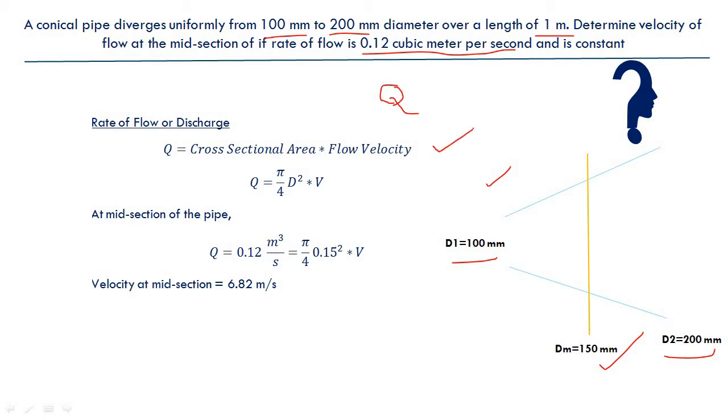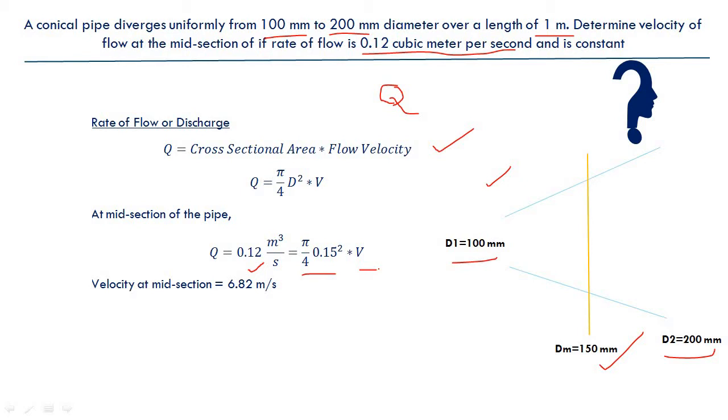Q for a pipe or a gradually increasing area pipe or any section, how can we find out the discharge? Q is equal to area into velocity. Okay, so cross sectional area into velocity. So Q is 0.12 cubic meter per second, that is equal to the area at the midsection into velocity at the midsection.